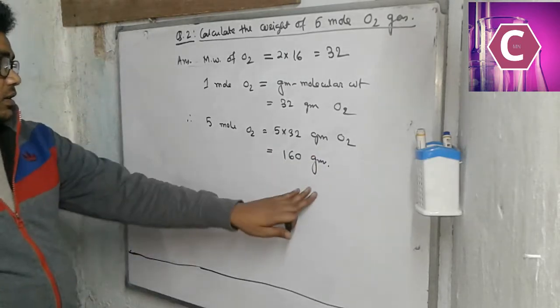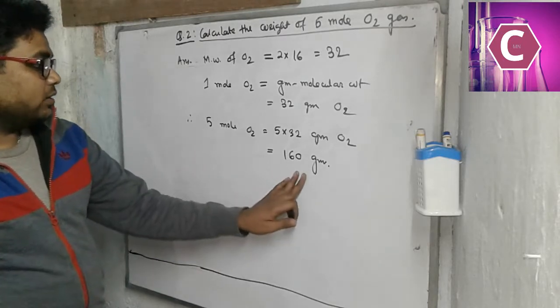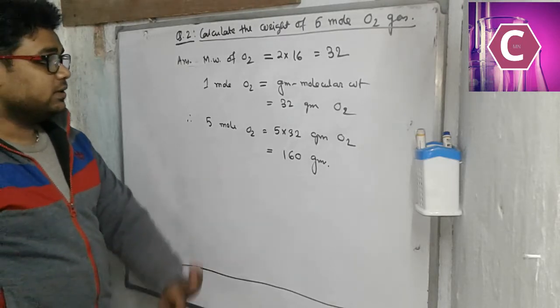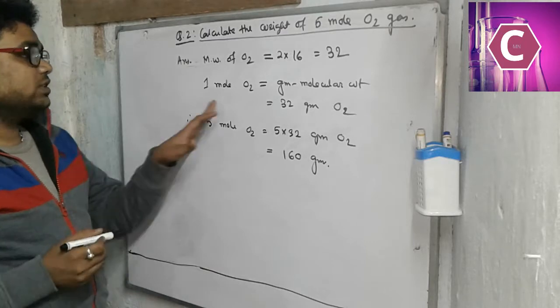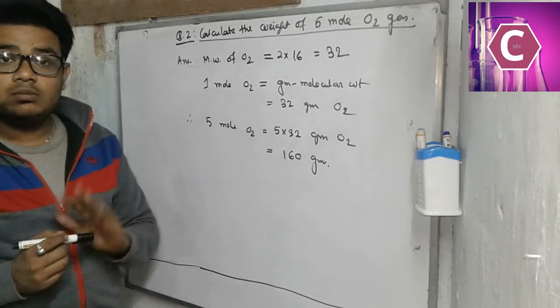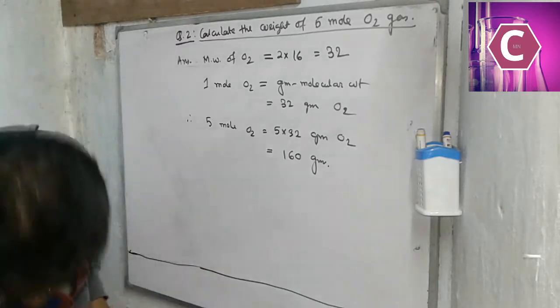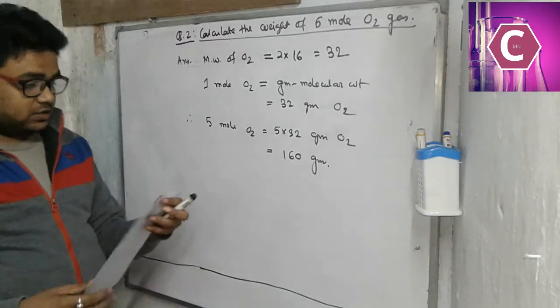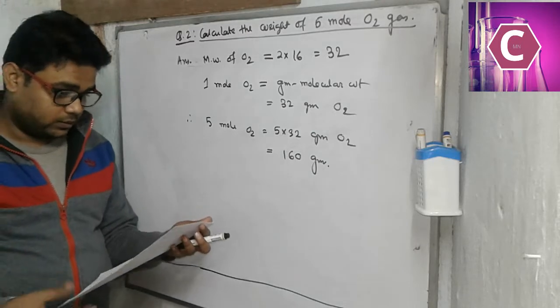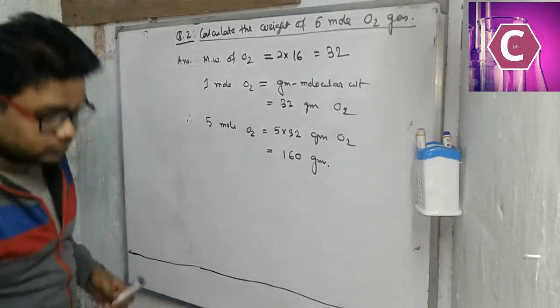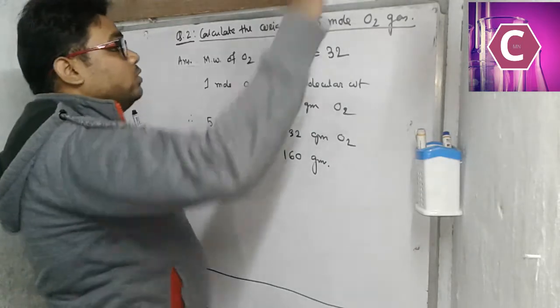So this is the answer, the weight of 5 mole oxygen gas. We know 1 mole oxygen gas has weight 32 gram, so 5 mole has 5 into 32, that is equal to 160. So this is a very simple question. Go on to the next question.